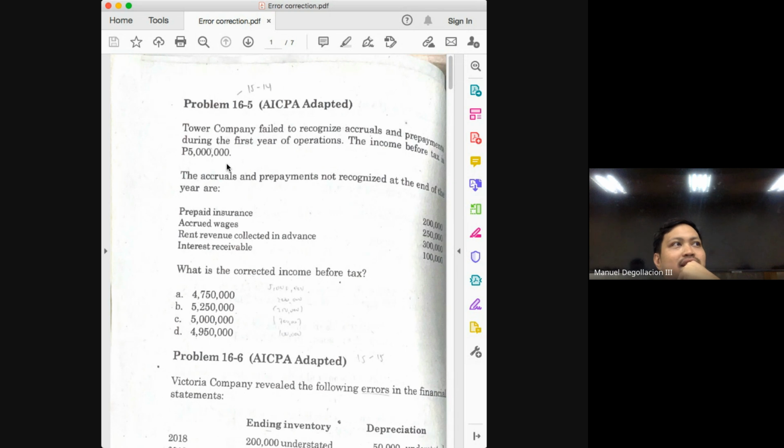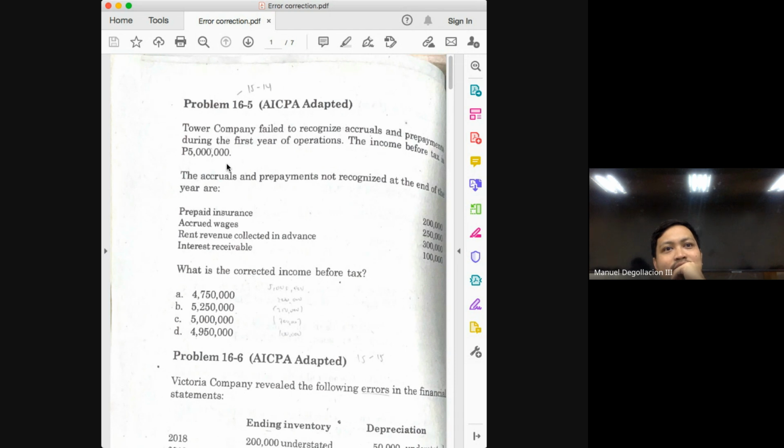Rent revenue collected in advance. And it says we failed to do that. The accrual and the prepayment. Debit cash, credit unearned revenue.